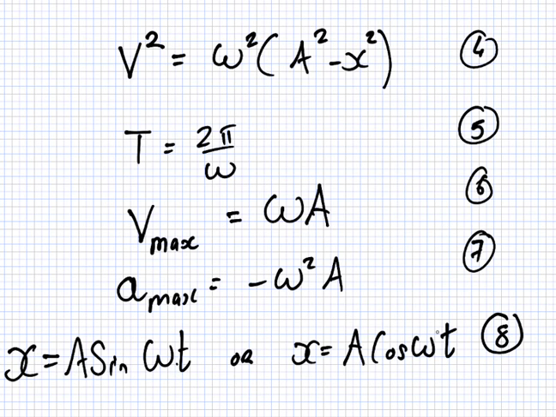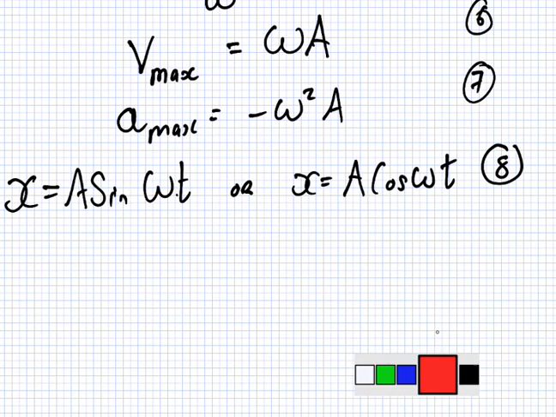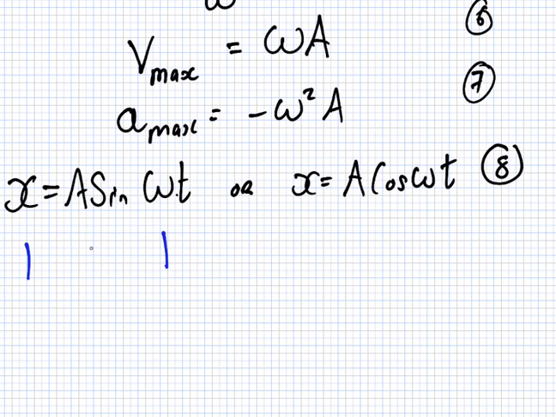This last formula can tell you the x if you know the time. But the reason there are two is because if the motion starts in the middle at t equals 0, then we use this formula. If the motion starts at the wall, or at the amplitude, at the beginning, then we use this formula.